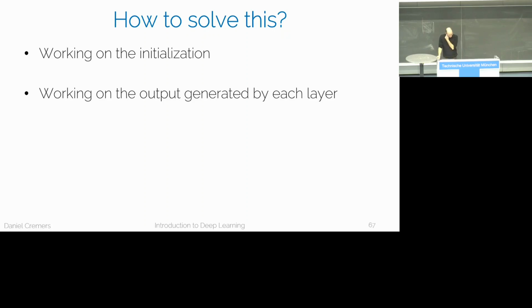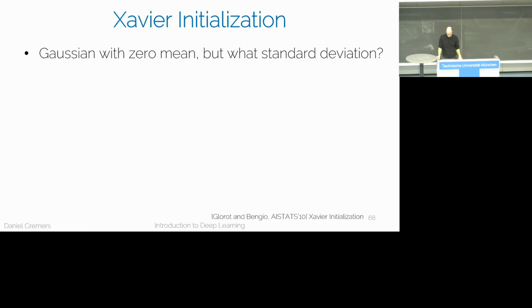And people spent a bit of time studying this issue, and there's one nice work that has had a lot of impact on this. It's a work by Glorot and Bengio, Yoshua Bengio and Xavier Glorot, and since then this work is called Xavier initialization.